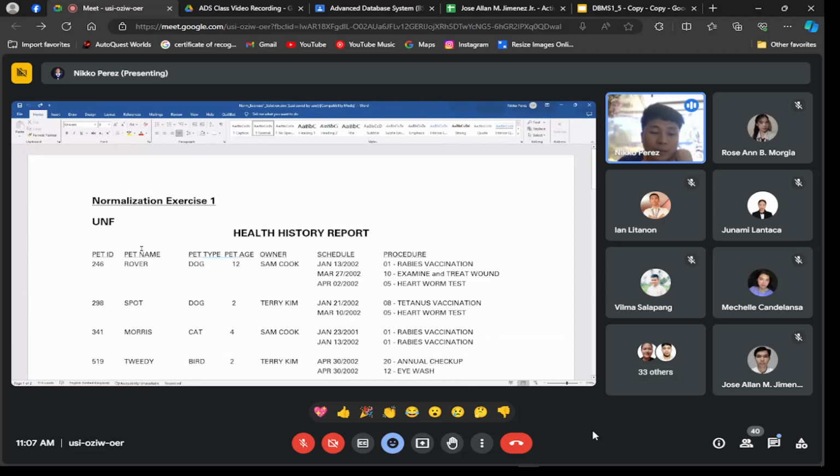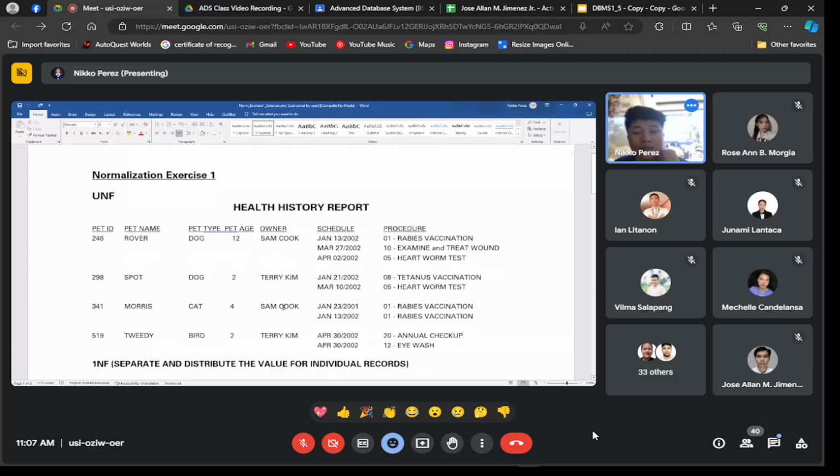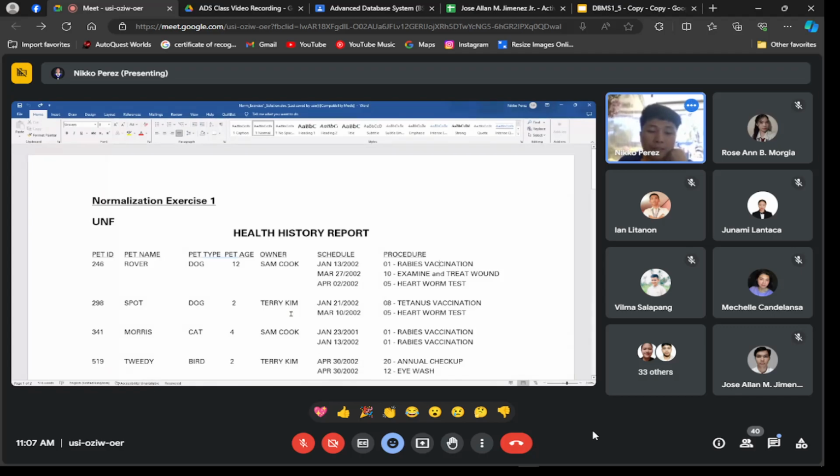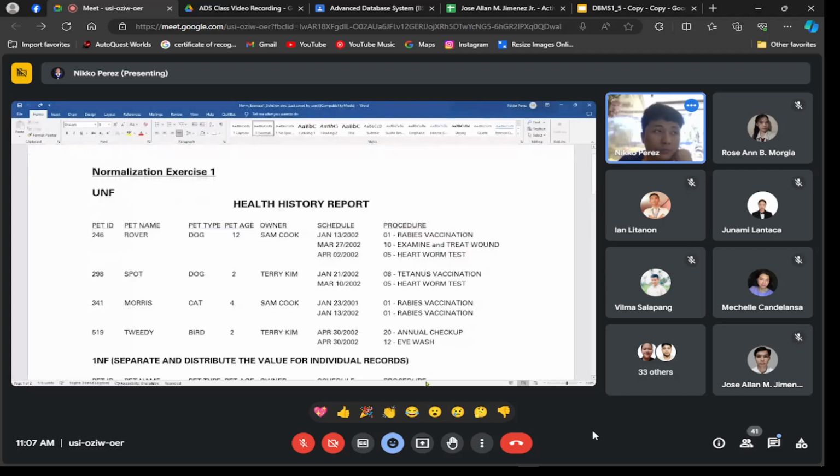So the problem with the unnormalized form is that there are a lot of things that might lead to different anomalies. We have data redundancy and for sure problems in terms of consistency, and the rest of the issues. So in the first normal form, what we do is separate and distribute the values for individual records so we can have a unified output as expected.